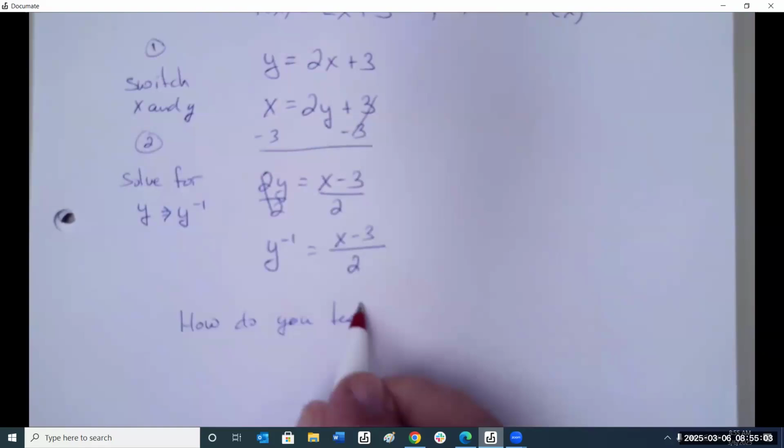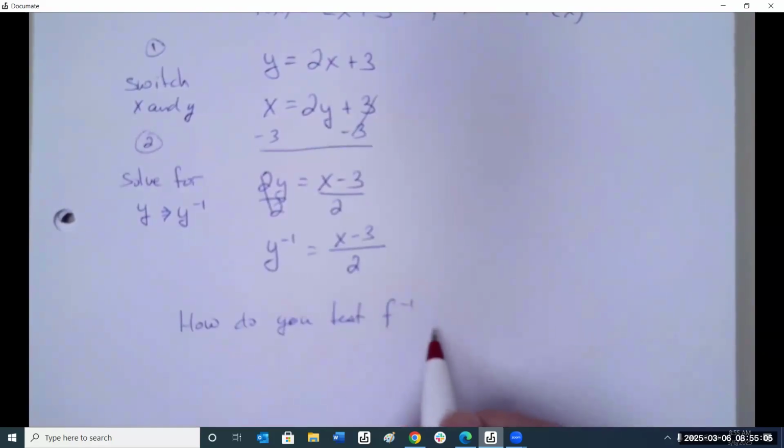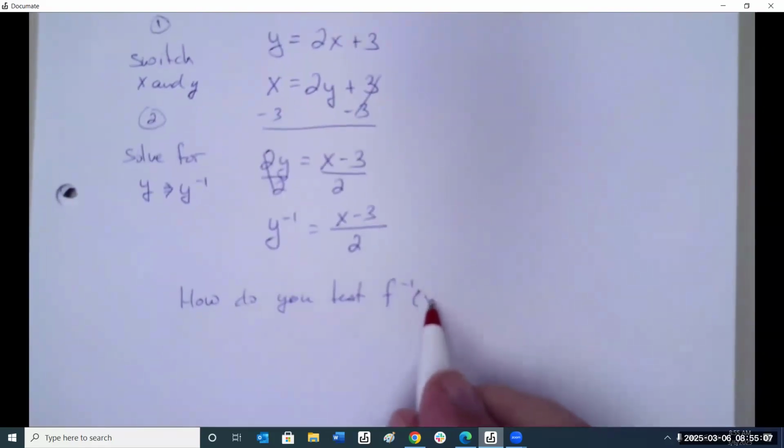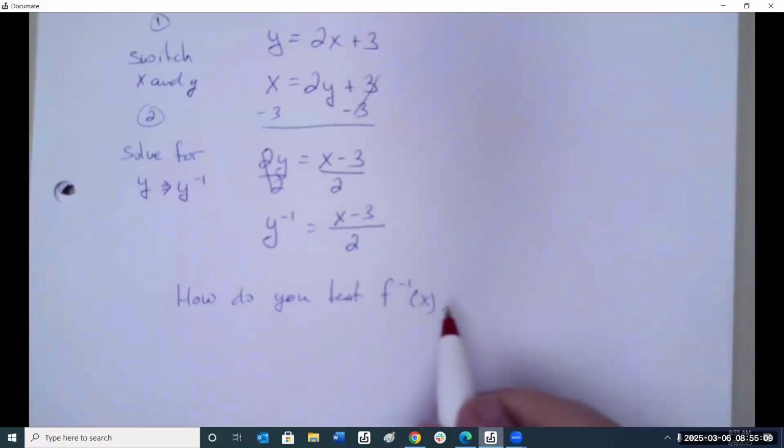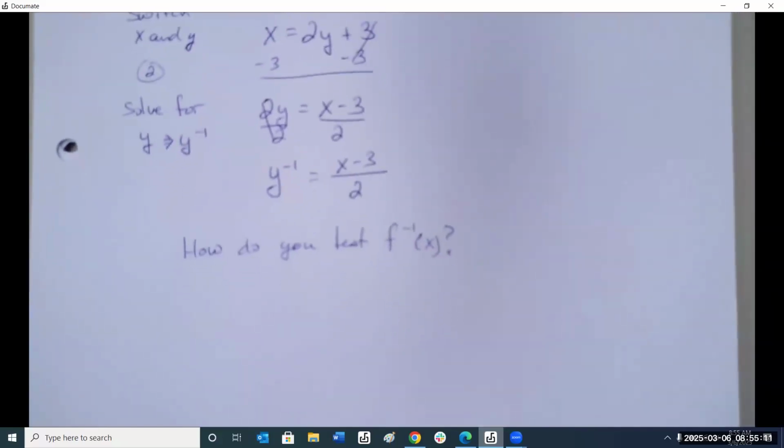How do you test inverse functions? To see if they're really inverses. And what should it equal?